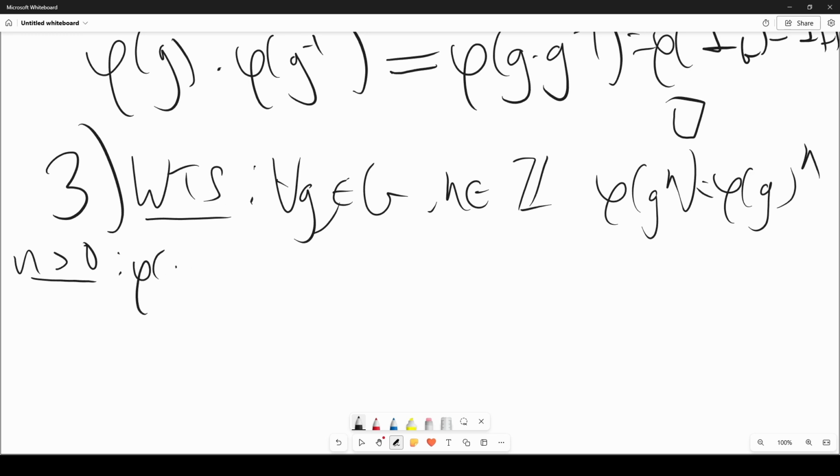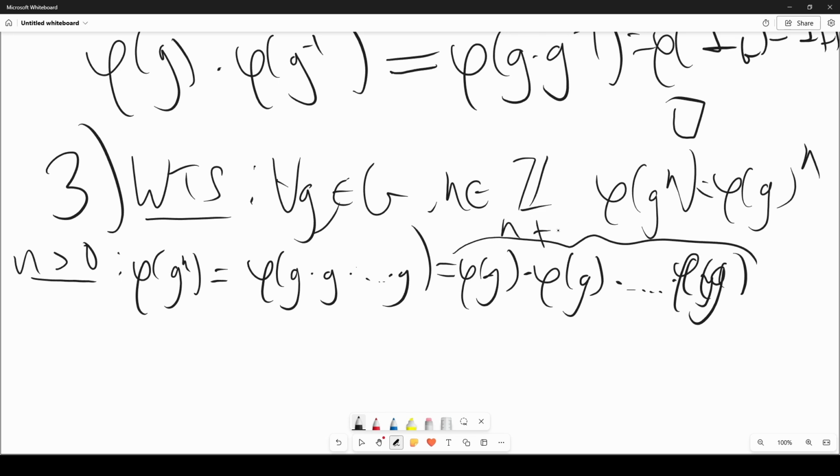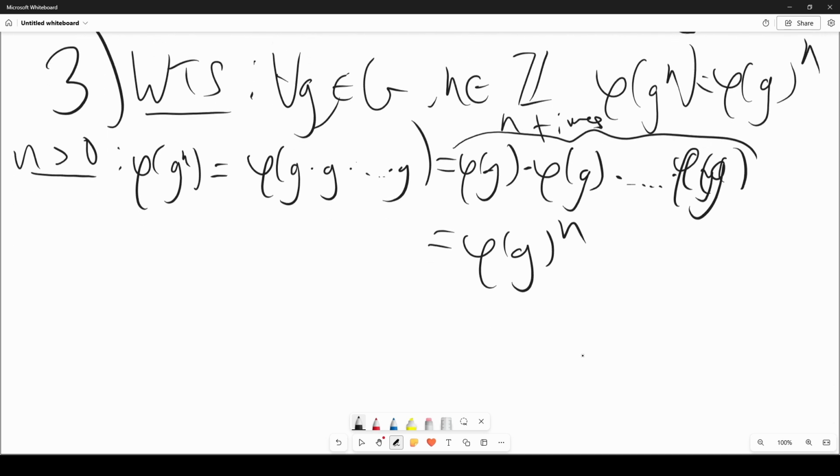In this case, we get phi of g to the n equals phi of g times g, n times. And I can then split it up like this using the homomorphism law. Phi of g, and this occurs n times, which just means you can rewrite it as phi of g all to the n.